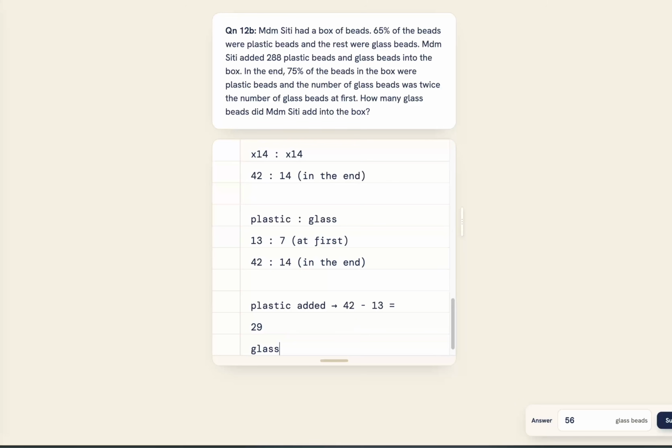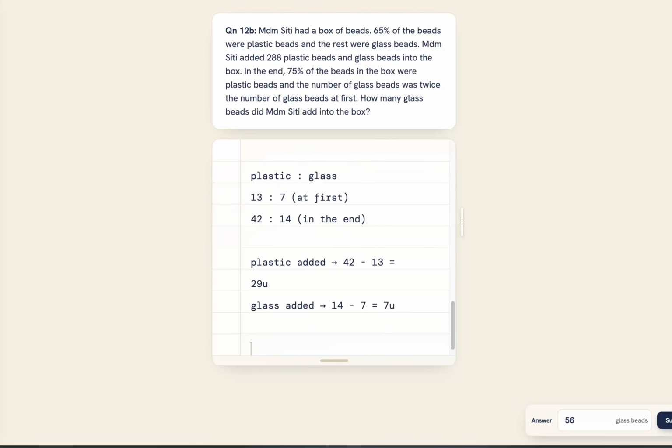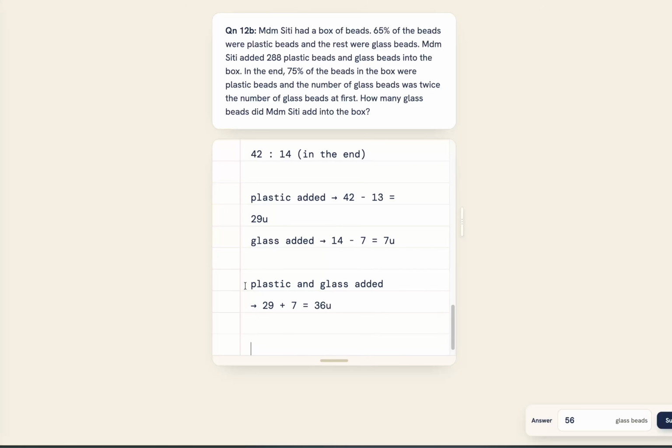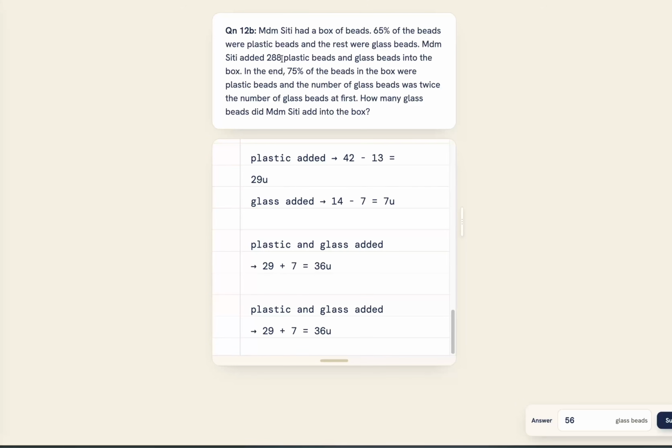Then for glass added, it is equal to 14 minus 7, equal to 7 units. So plastic and glass added is equal to 29 plus 7, which is 36 units. And we know plastic and glass added is also 288.